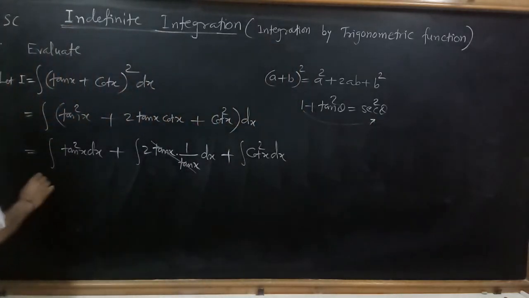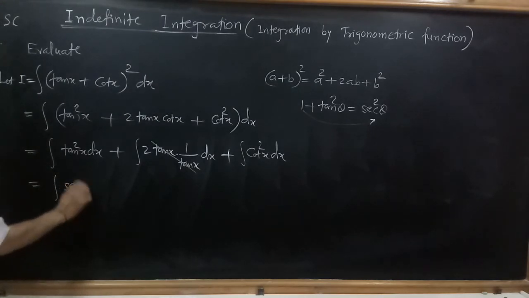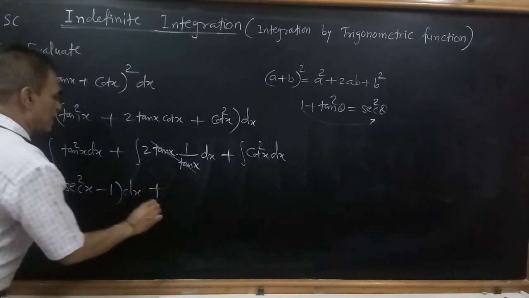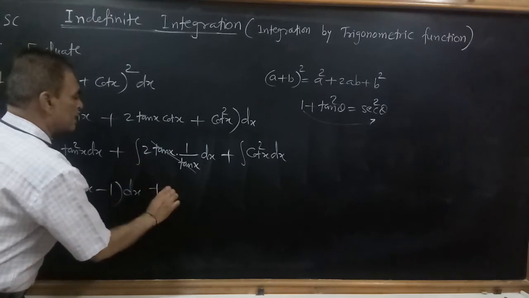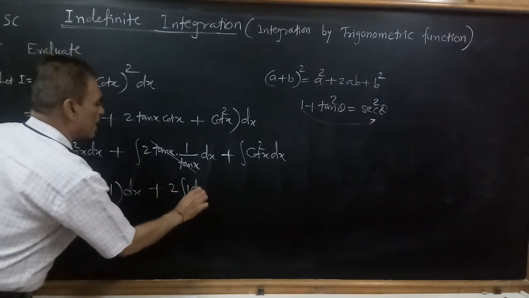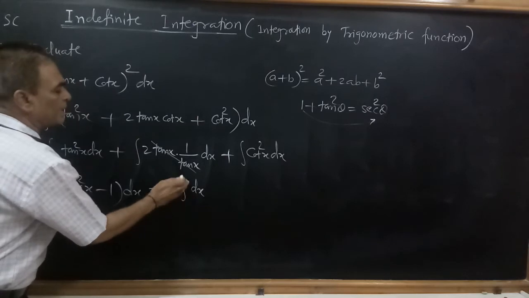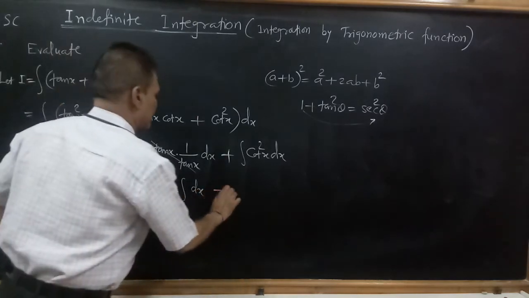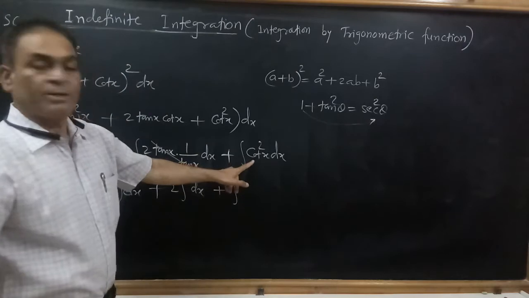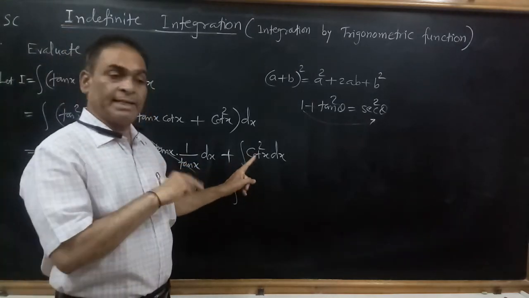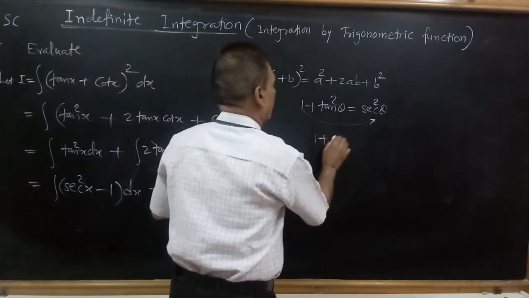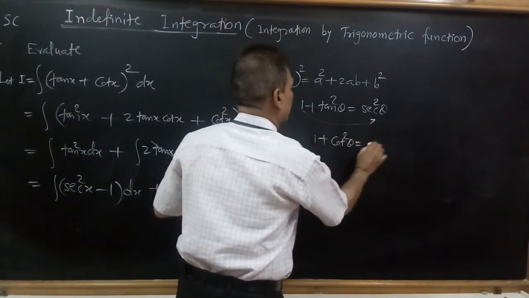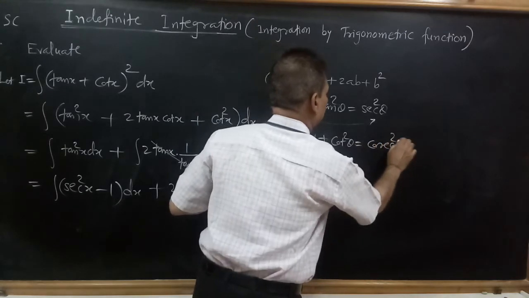You will get tan square x is sec square x minus 1, into dx, plus here the constant term you can take outside the integration, 1 dx or write only dx, plus integration of cot square x. You can't find it easily, but use the fundamental identity 1 plus cot square theta equals cosec square theta.